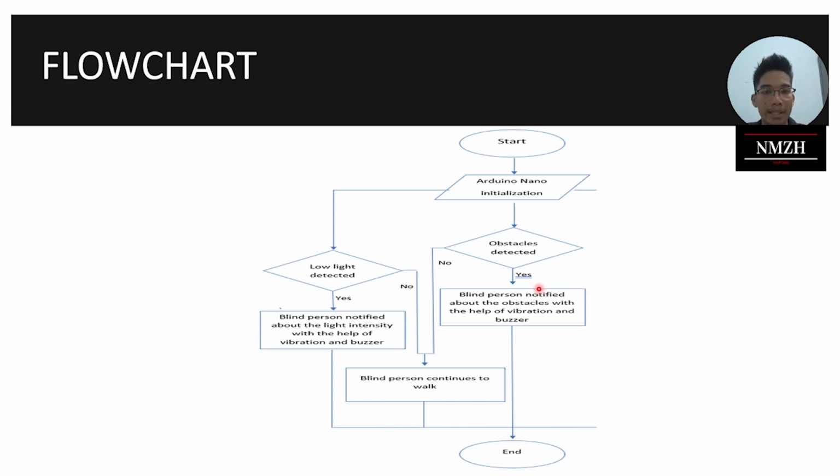And also, at the same time, if the low light is detected, the blind person also will be notified. If these two conditions are not detected by the sensor, then the blind person continues to walk, and it will keep continuously checking for the condition. The system will be off only when the user turns off the blind stick.